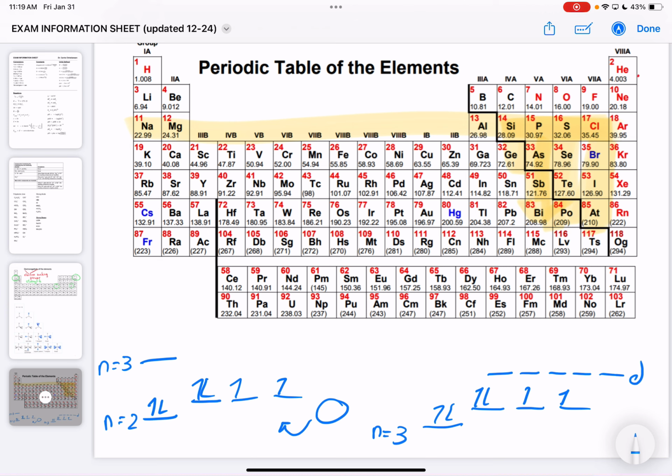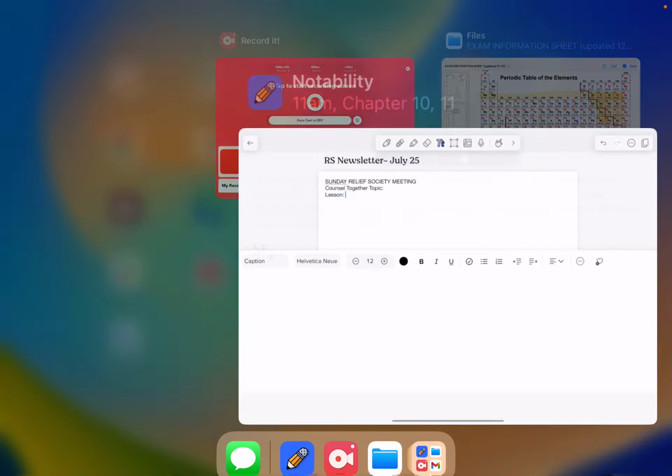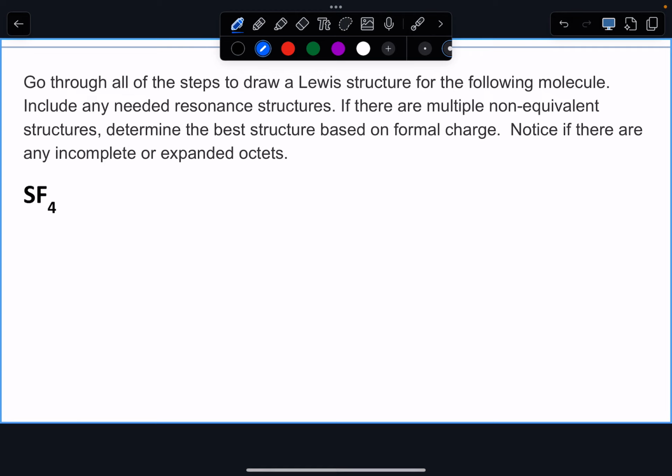And if you're in that third energy level, you now remember that there are d orbitals there. And that's all we really need in order to be able to put more electrons is more orbitals at that valence shell. Okay? So the example we're going to do right now with sulfur, it works for sulfur. It would not work for oxygen, though, because oxygen does not have those additional d orbitals in its valence shell because it's only at n equals 2.